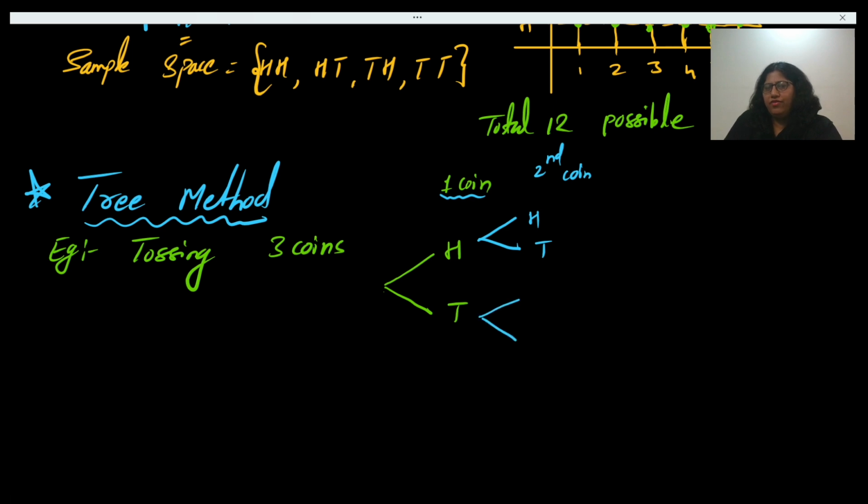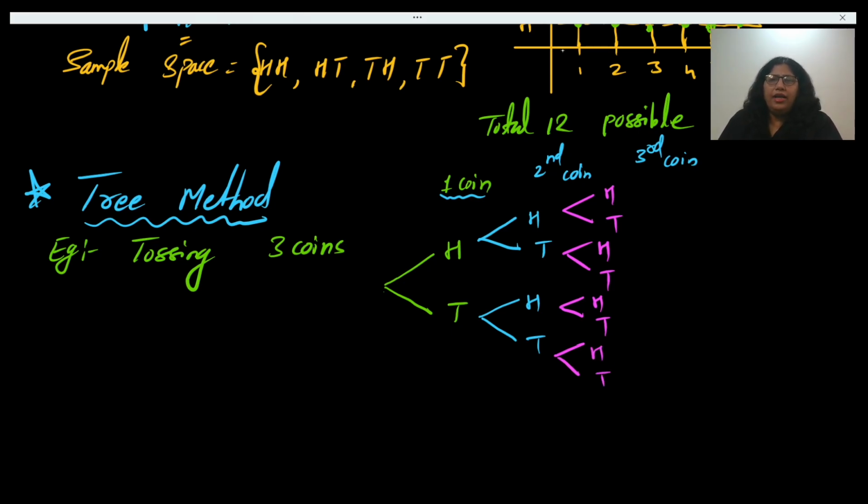Here also, if the first coin is heads, the second coin can be heads or tails. Now similarly, if I take the third coin, the possible outcomes are the same. So from each one you will get heads, tails. Now here it's heads, tails. This is also heads, tails. Then from here also heads, tails.